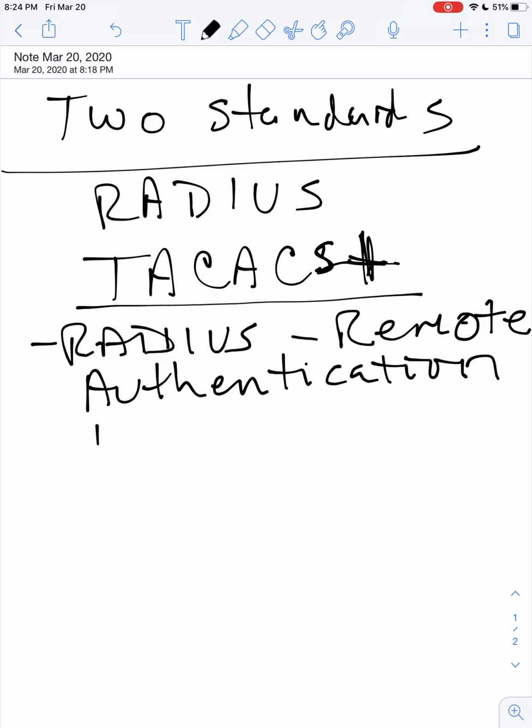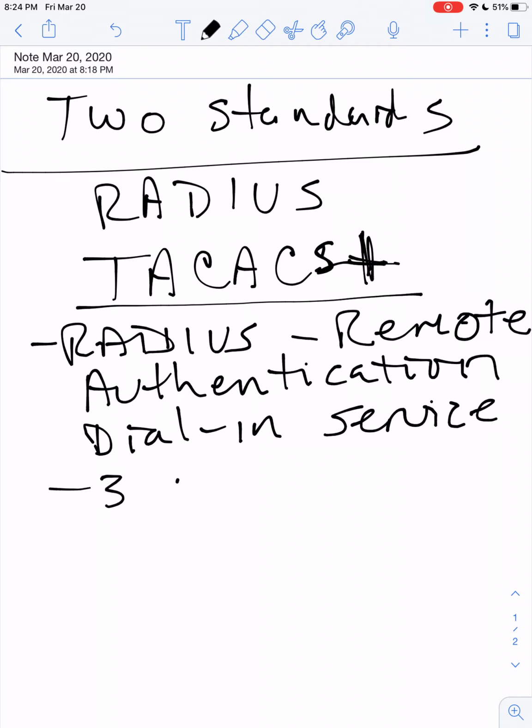So you can imagine this has been around a while. And within the Radius system, we actually have 3 devices. You have our database of usernames and passwords.